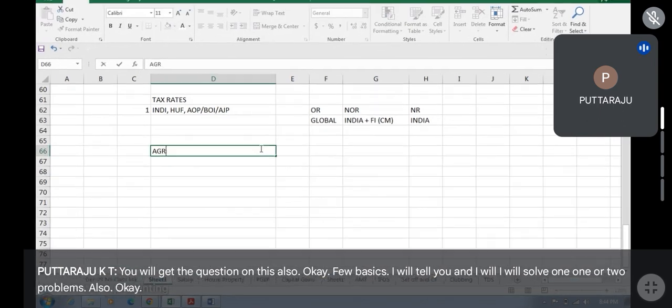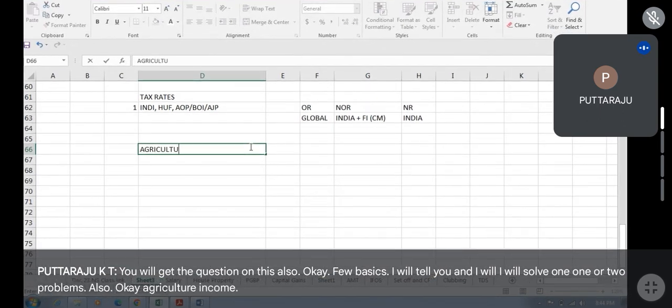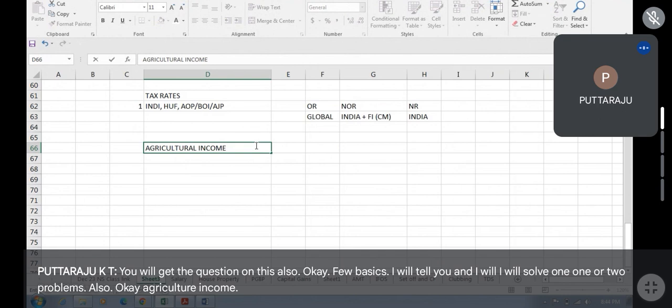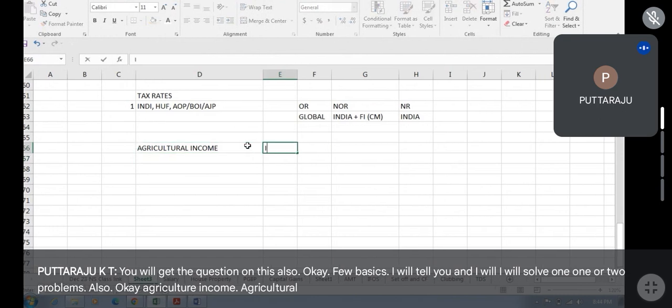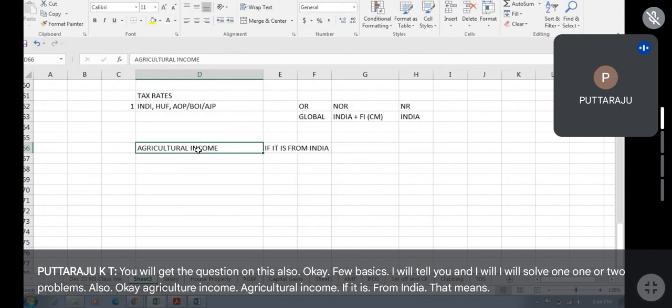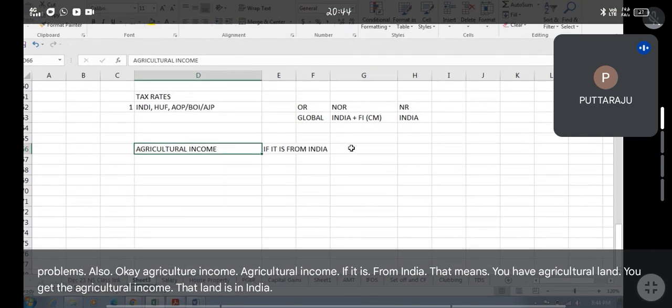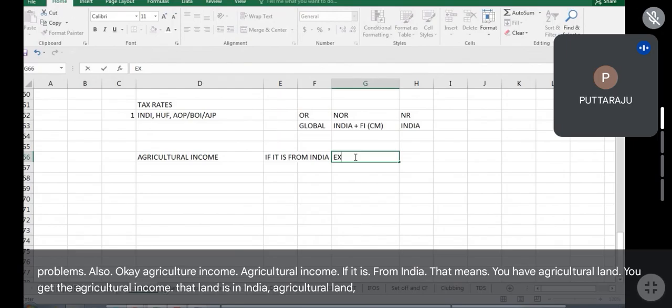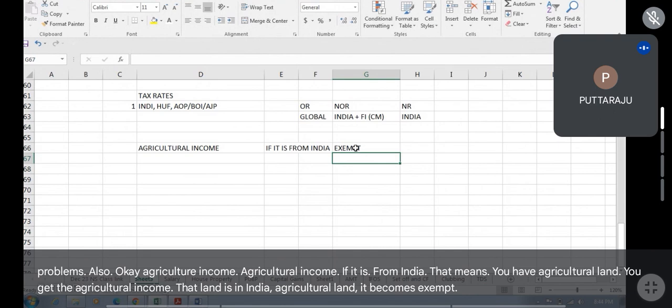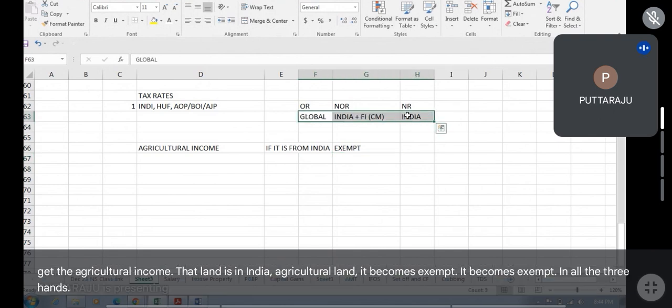Okay. Agricultural income. If it is from India, that means the agricultural land is in India, it becomes exempt. It becomes exempt in all the three hands. It is not at all taxable.